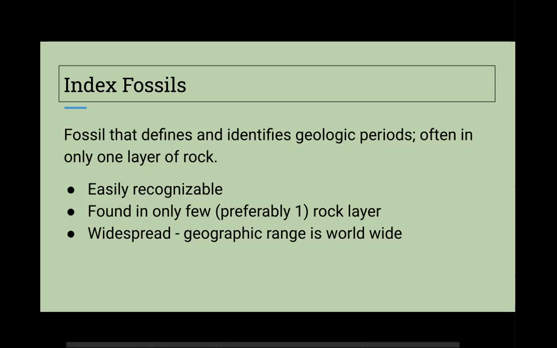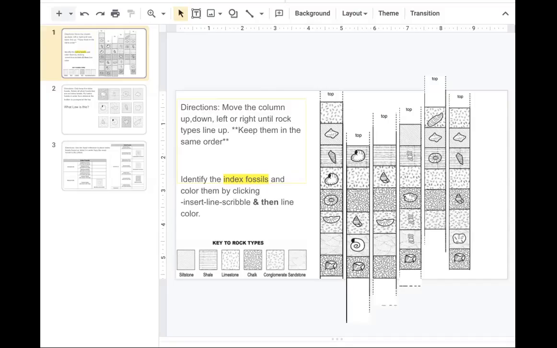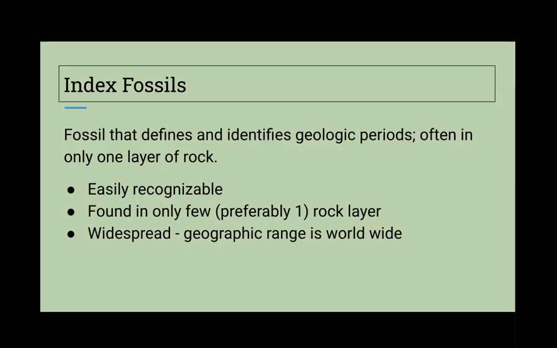Okay, so let's go back to our example here. Now, we have all these different fossils. I'm just going to start from the top left-hand corner. Now, in order for them to be index fossils, again, we want them to be easily recognizable and only found in one rock layer.